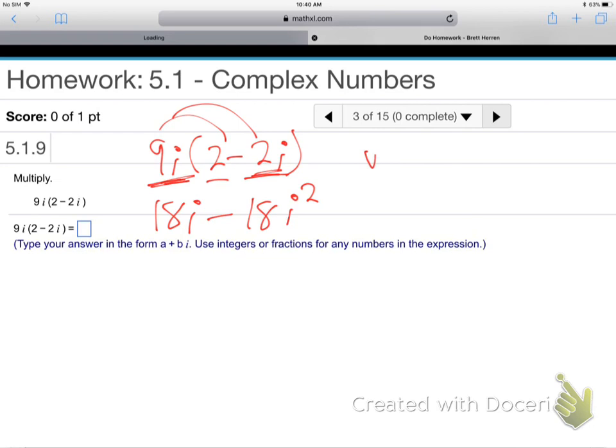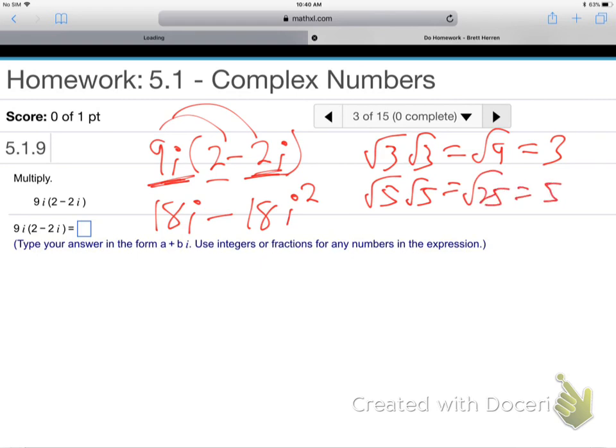Do you guys remember what's the square root of 3 times the square root of 3? 3. Square root of 9, which is plain 3, huh? What's root of 5 times the root of 5? Well, it's root of 25, which is plain 5. So what's the root of whatever you want to pick? 10 times the root of 10. It's root of 100, which is 10. Right, you get the idea.